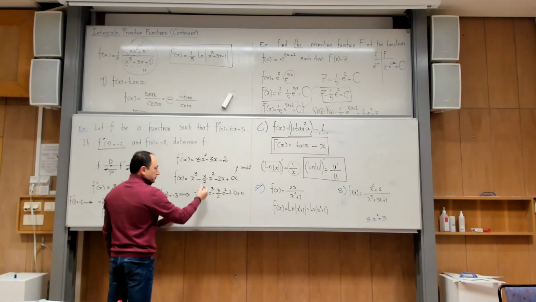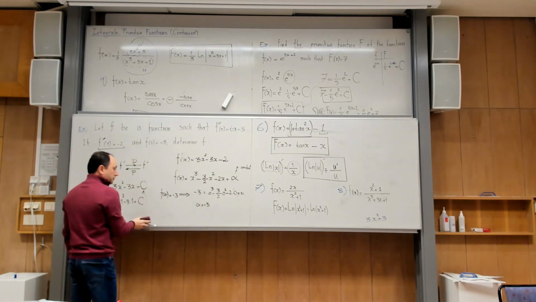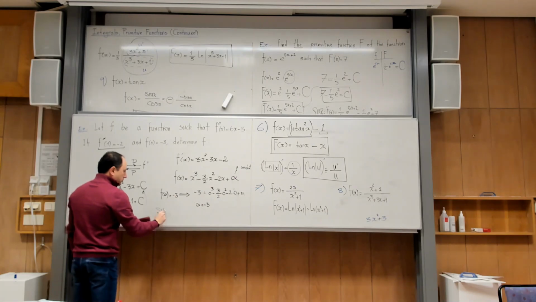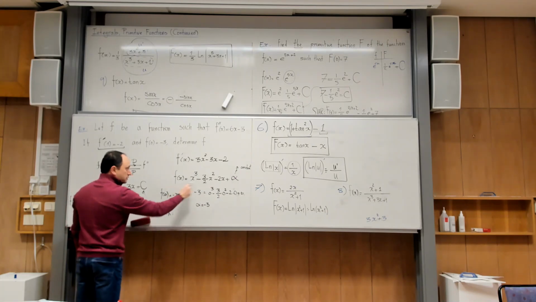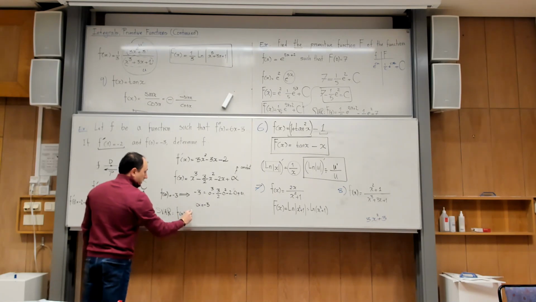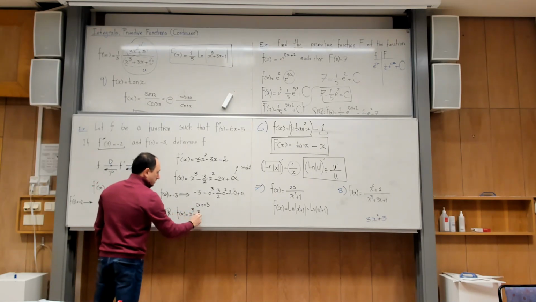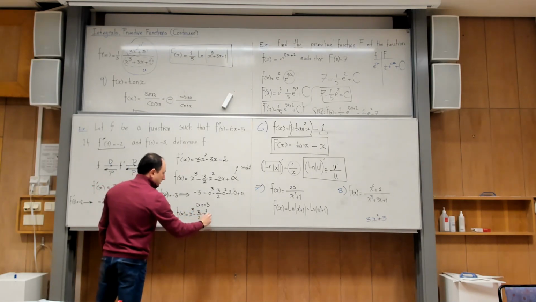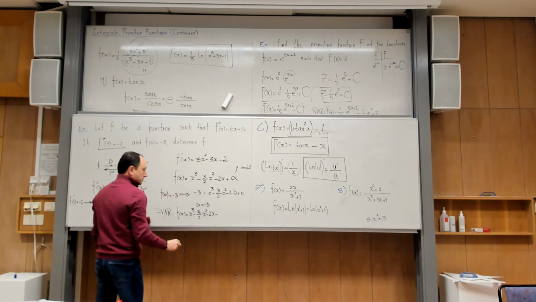But here everything is cancelled. I find alpha to be minus 3. So the answer that you have to provide is this function, substituting minus 3 for alpha. So this becomes f of x is equal to x cubed minus 3 over 2 x squared minus 2x plus, minus 3.